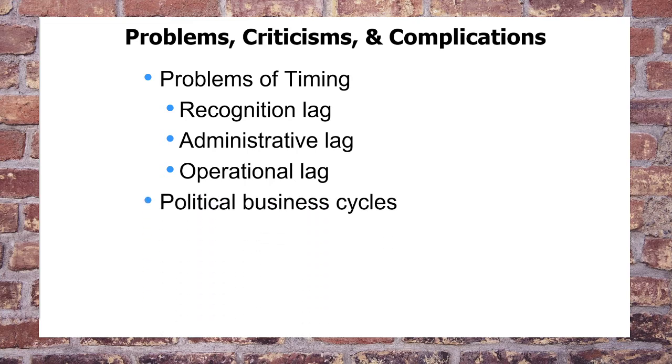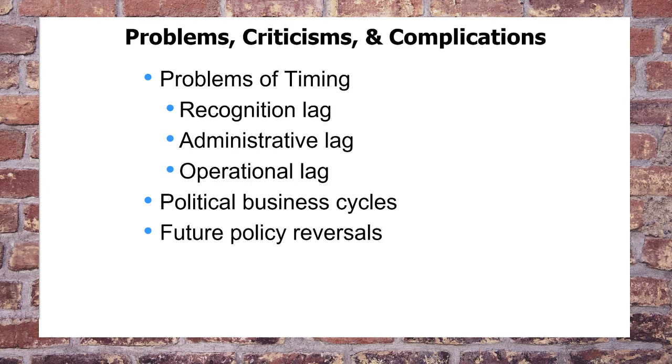Then we have the political business cycles and future policy reversals. Political business cycles means Trump is out, Biden's in, so now we've moved on to Democratic. Supposedly we're a tax and spend type of government. We definitely were a spender in the last 4 years. Then we have future policy reversals.